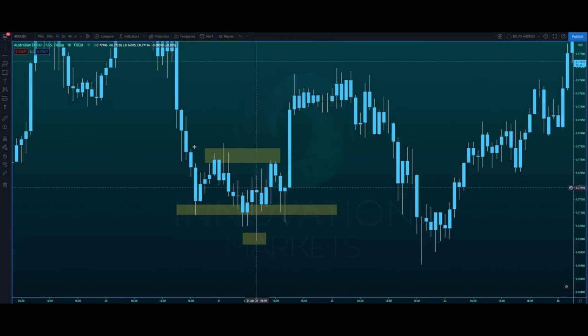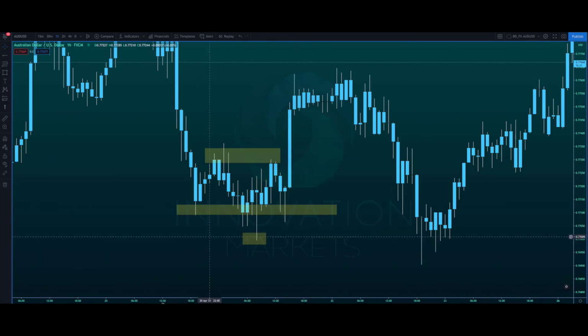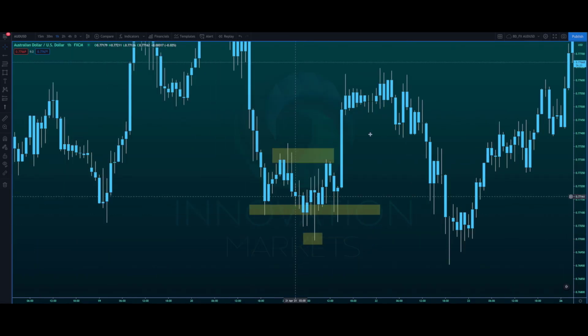Let's zoom in here. Left shoulder, neckline, because it's upside down. Let me flip this the right way around so you understand. Left shoulder, neckline. Head, neckline. Right shoulder, bang, drop. Or the right way around, buy, pushes up.